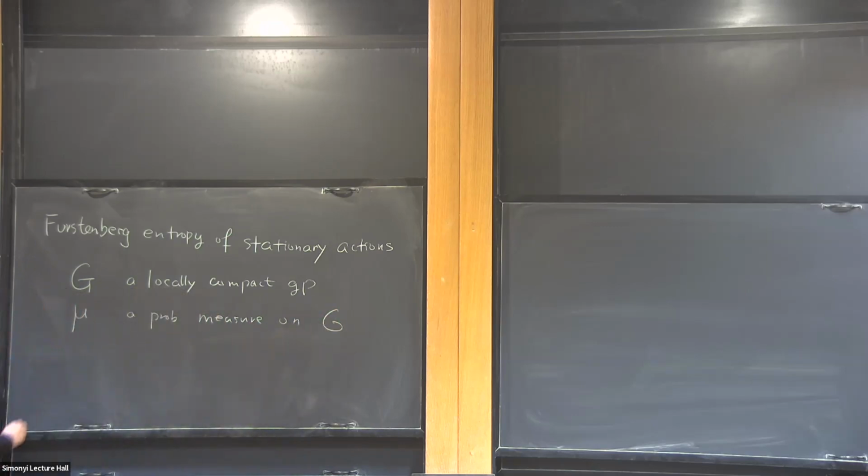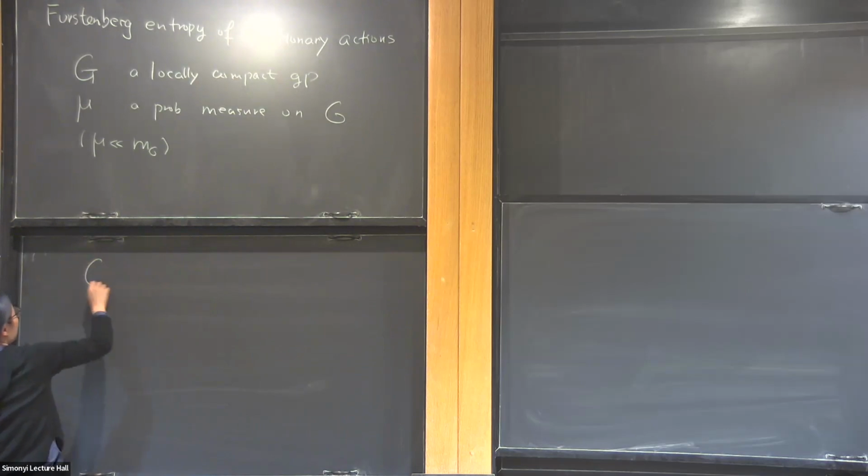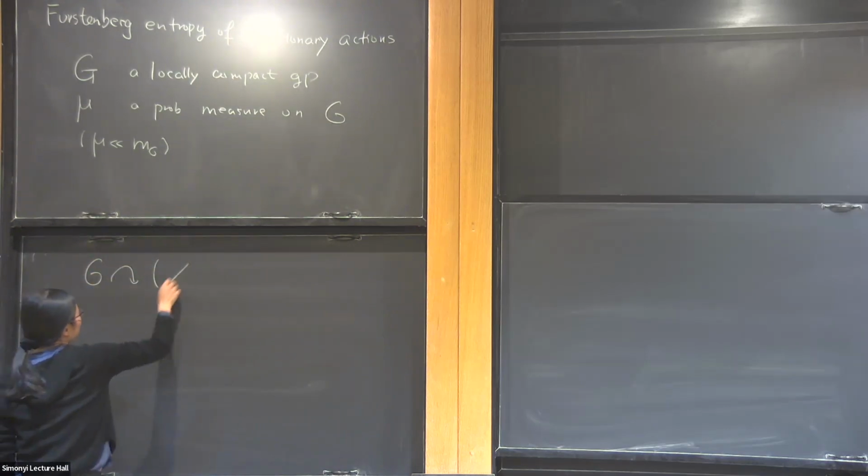Usually mu is chosen to be absolutely continuous with respect to Haar measure on G, but it's not necessary to assume it at the very beginning. Now we can consider actions of G on measure spaces.